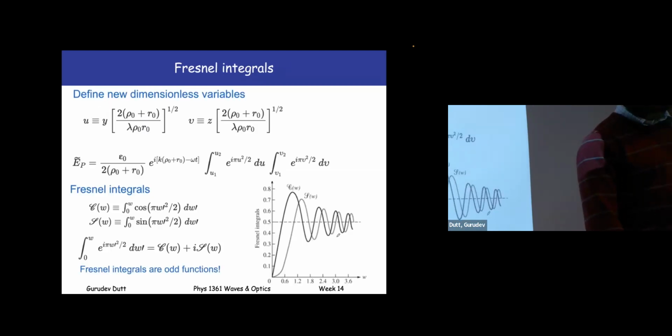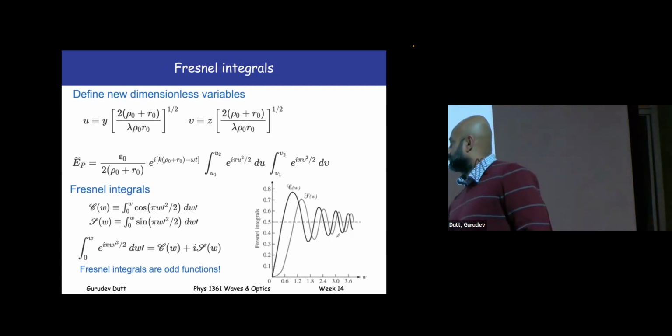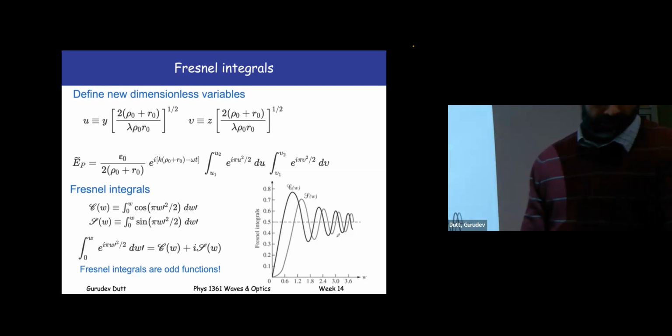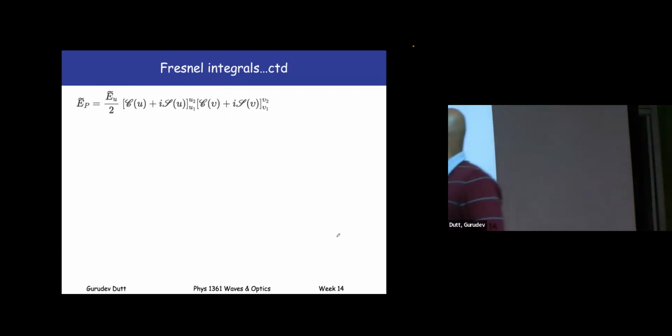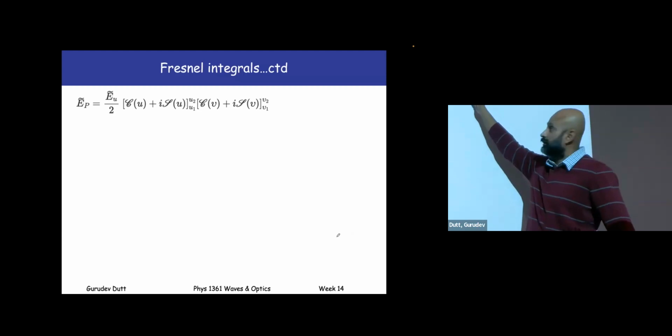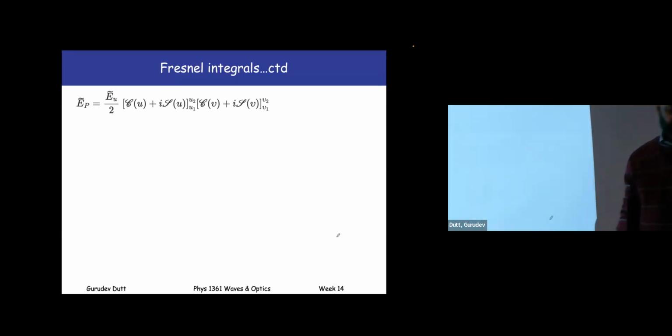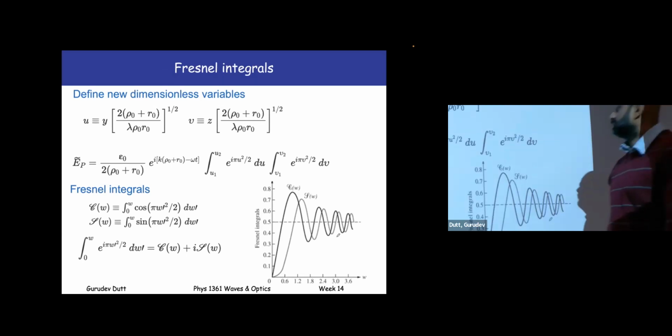Now this integral, as you can see, is very straightforward in terms of these Fresnel integrals. This one is just the cosine plus i sine Fresnel integral in U, and this is the cosine plus i sine Fresnel integral in V, evaluated at these two values, U1 and U2. Remember, looking back, what are U and V?